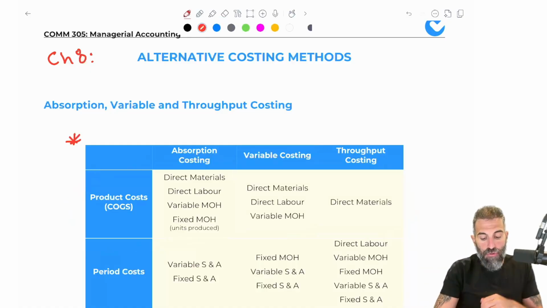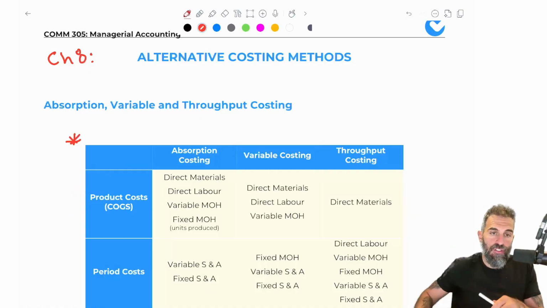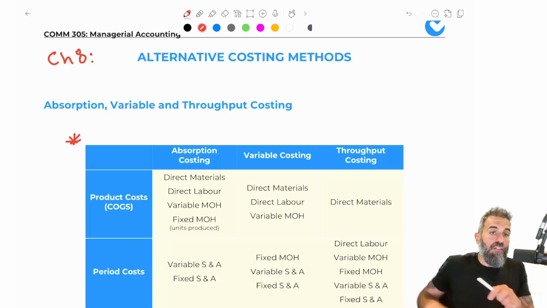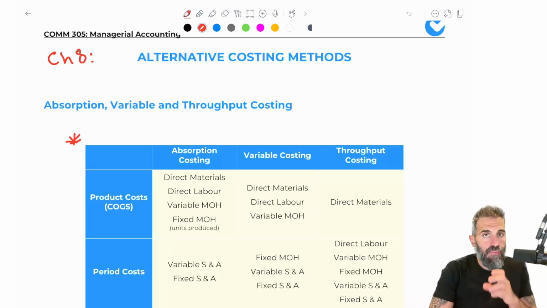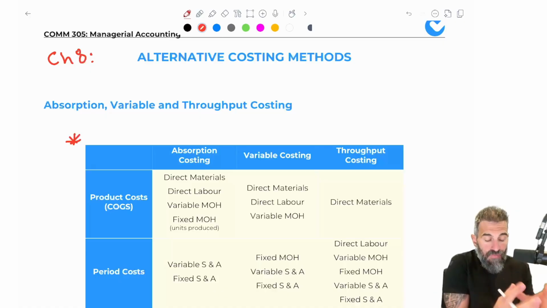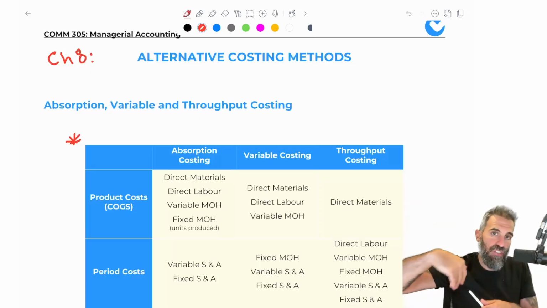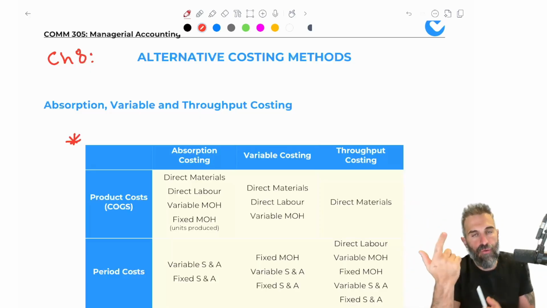And finally, in throughput costing, which is sometimes referred to as super variable costing, only direct material is a product cost. Your inventory is only valued by the materials that we used. It doesn't mean we didn't use the other costs, but all of your other costs, so your DL and your MOH, they all become period costs.